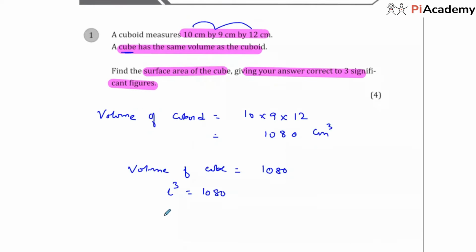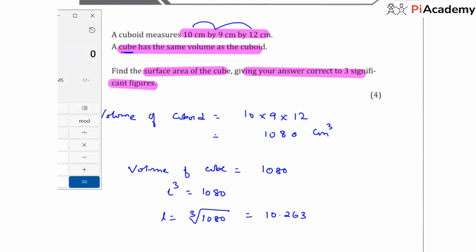What is the cube root of 1080, guys? Can all of you check? It's 10.2, wait, I got it. How many sig figs? 10.26. Oh, it's 10.25985568. It's a long number.